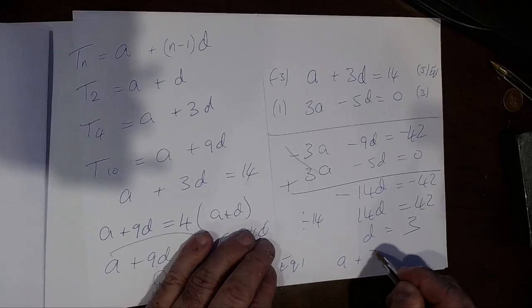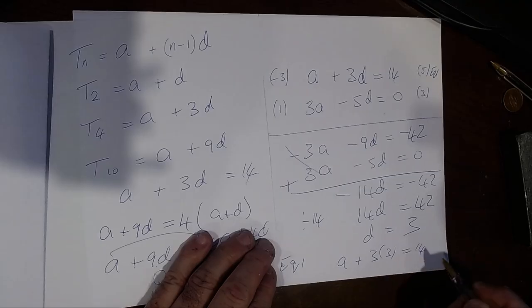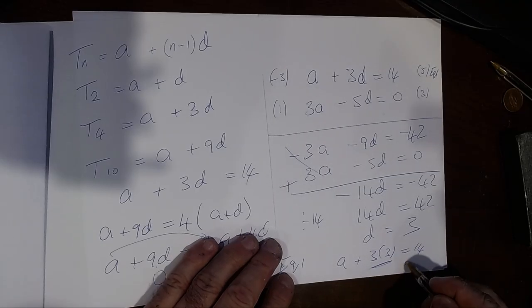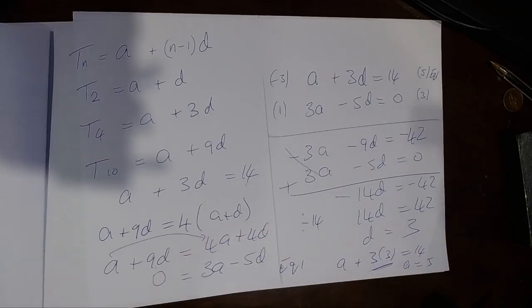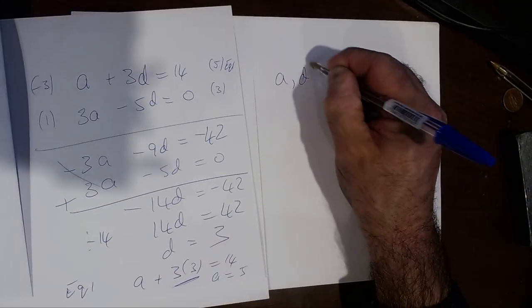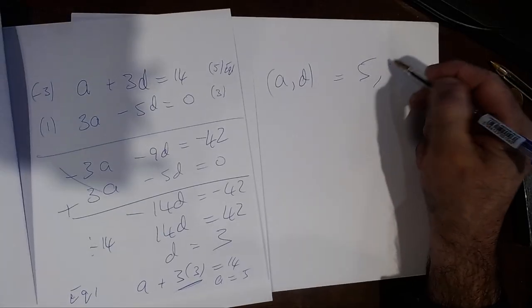And you have A plus 3 times 3 equals 14. This is 9. Subtract 9 from both sides, you get A is 5. Just put it all together. A, D equals 5, 3.